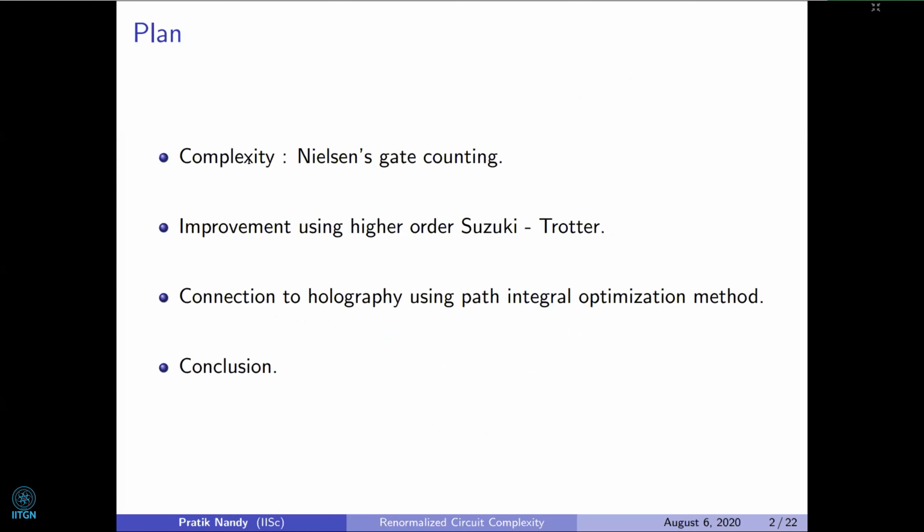Shira has already introduced this complexity, but I'll elaborate more on Nielsen's gate counting, and we'll see there are some drawbacks of this gate counting that will be improved by invoking the Suzuki-Trotter algorithm. By this algorithm we'll see this is connected to holography using path integral optimization, and we'll conclude after this section.